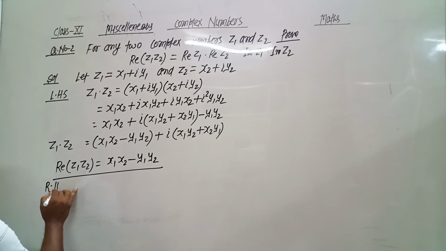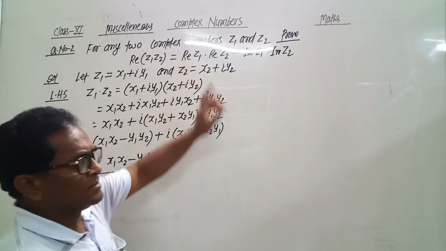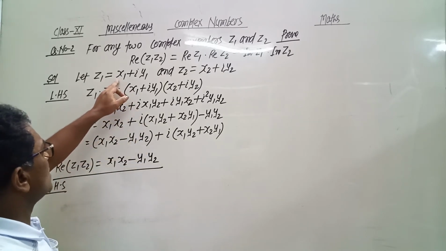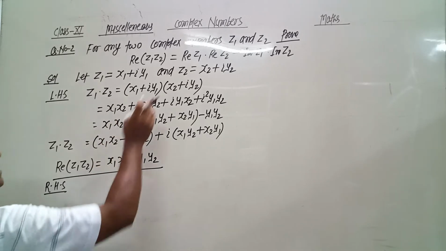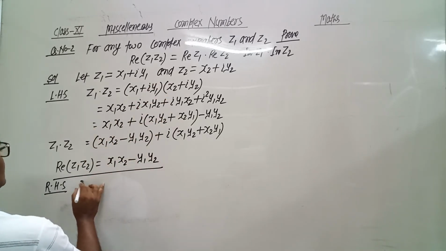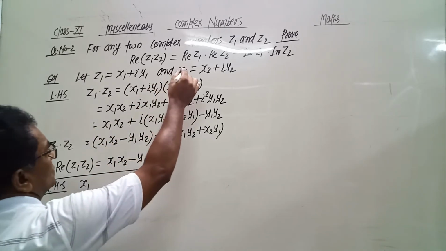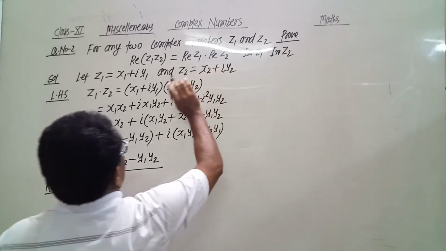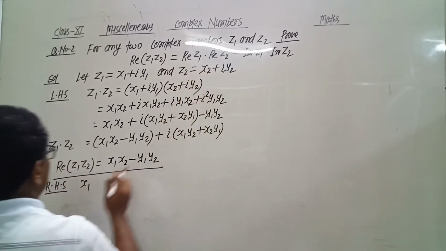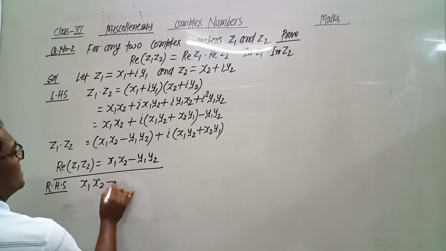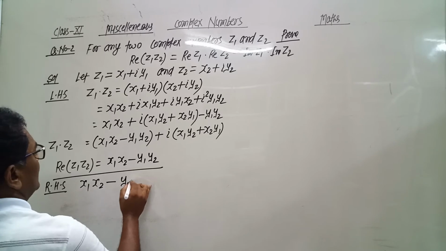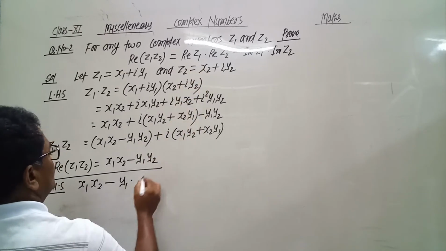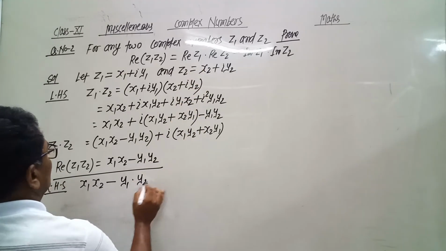In RHS, real part of Z1 is x1, real part of Z2 is x2, minus imaginary part of Z1, which is y1, into imaginary part of Z2, which is y2.